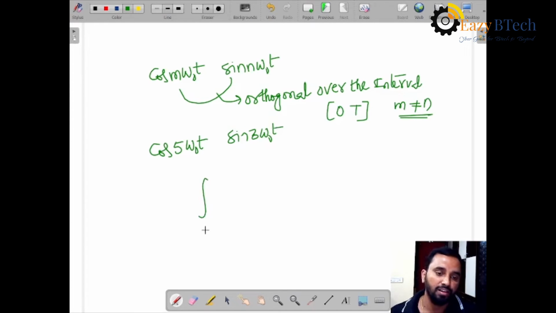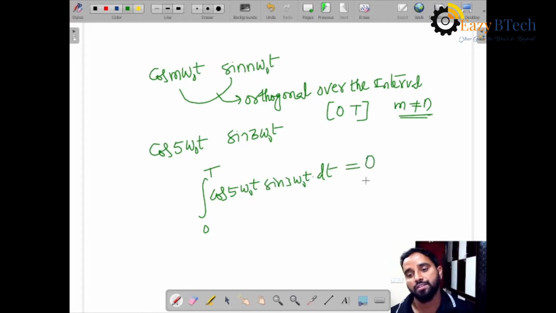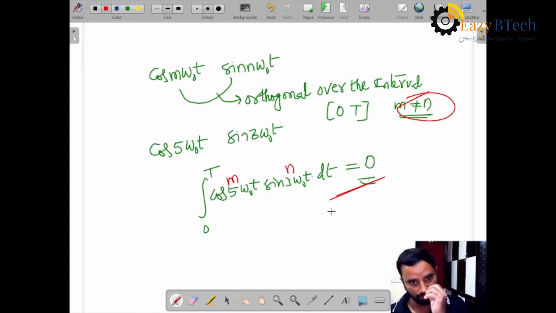Now the integral 0 to T of cos 5 omega naught t sin 3 omega naught t. So what is the integral value? This integral value is 0, right? It is 0, we already proved. So m value is 5, n value is 3, m is not equal to n, so the integral value is 0.